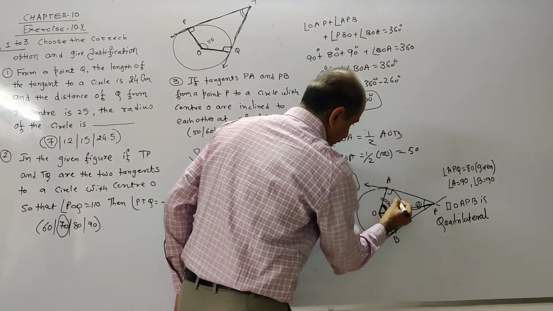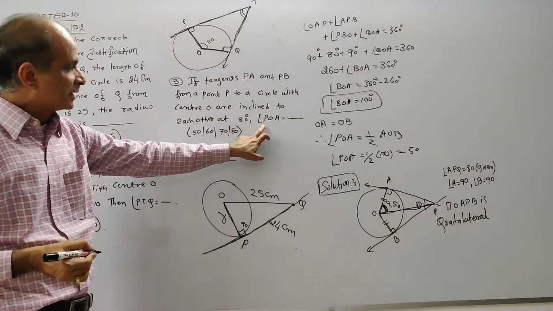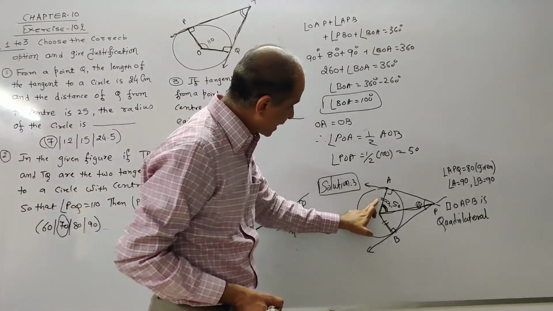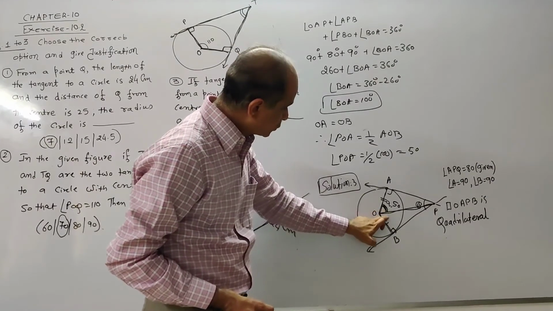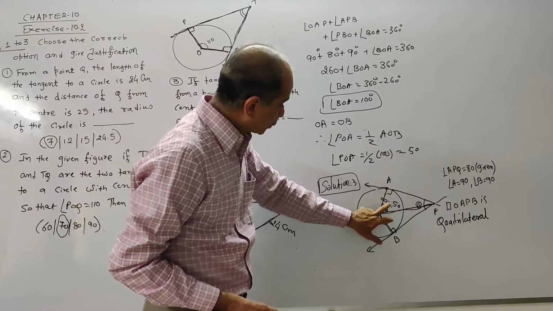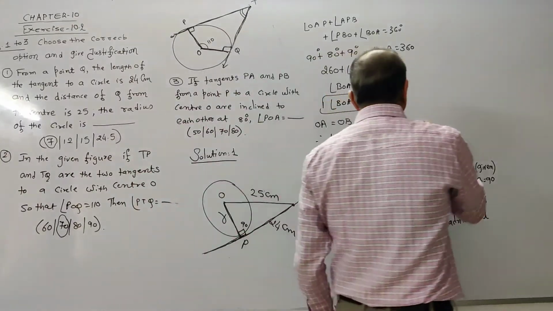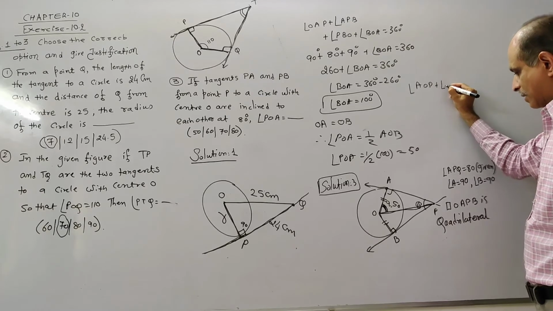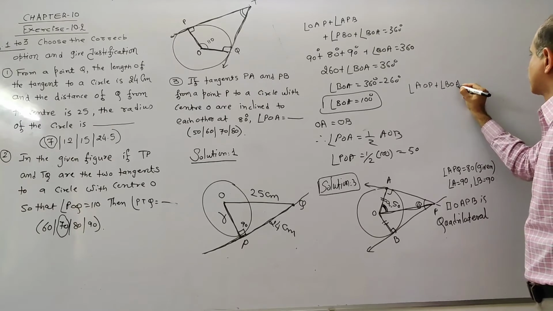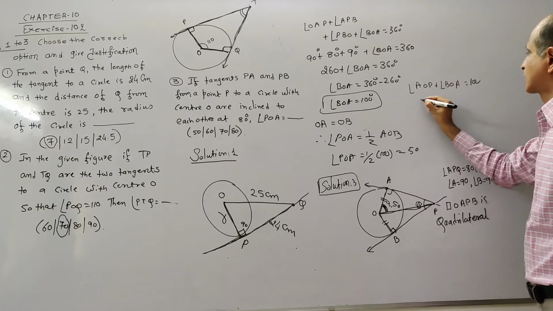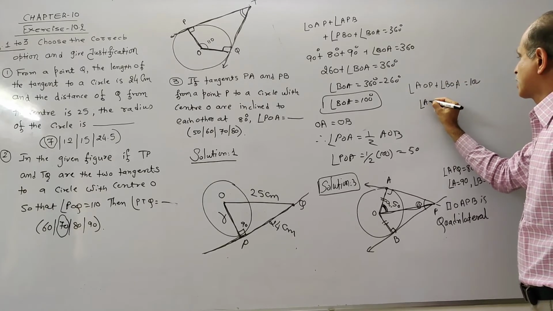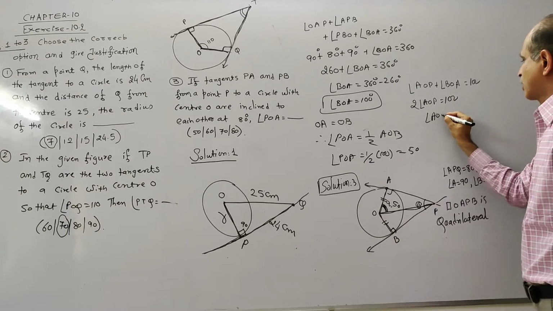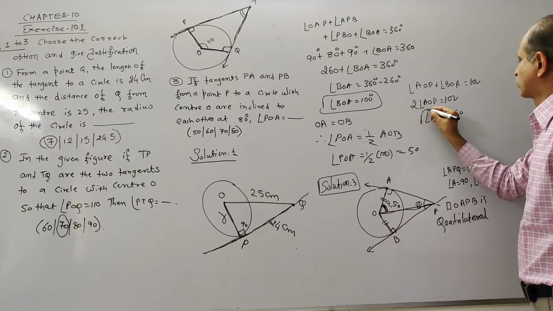So the value of the required angle, that is angle POA, is 50 degrees, because these two sides are the same, and that's why these two angles are also the same. The total of these two angles, you can also write, angle AOP plus angle BOP is equal to 100 degrees. Both are the same, and that's why 2 times angle AOP is equal to 100. So angle AOP is equal to 100 by 2, which is 50 degrees.